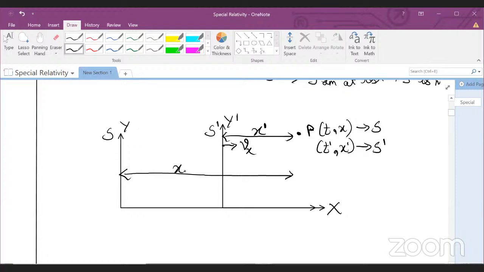These dashes are confusing me, sorry for that. But you understood this, right? The location of point P with respect to S is x, and with respect to S dash is x dash.